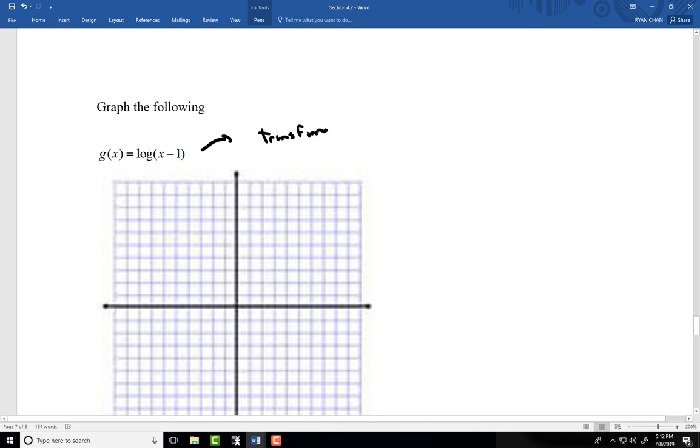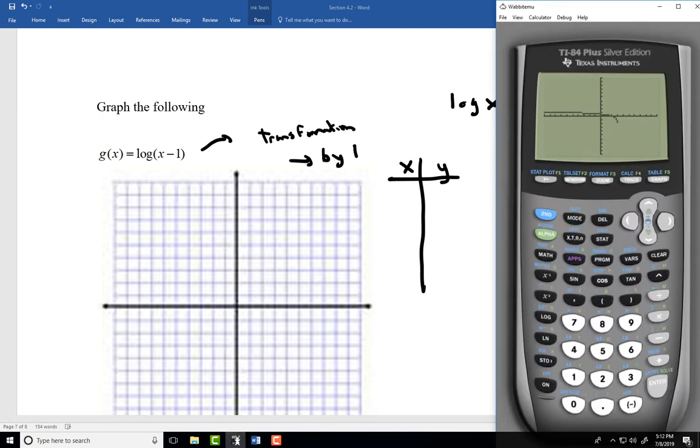This is saying you're going to the right by 1, right? Your parent graph is log of x, okay? So let me show this to you. If I graph log of x here, I go to my table, I have 1, 0, and I have 10, 1.